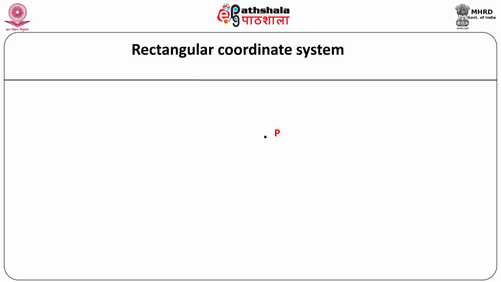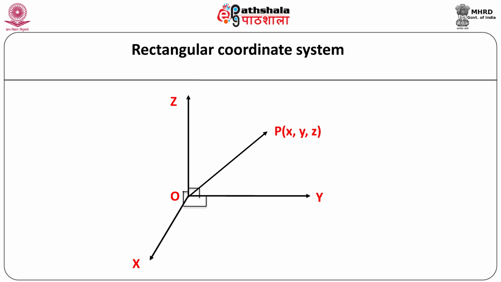Now, let us discuss about the other system, namely rectangular coordinate system. As before, let P be the point to be observed by an observer O. A set of three mutually perpendicular straight lines passing through O represents the coordinate axes. It should be noted that this system is also referred to as Cartesian coordinate system in the name of the great mathematician René Descartes.